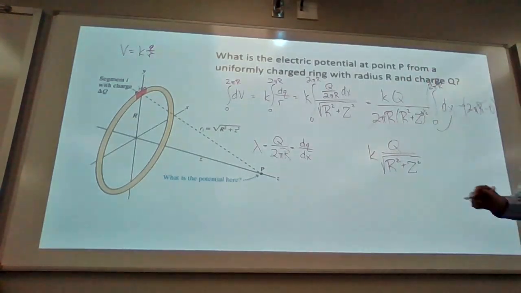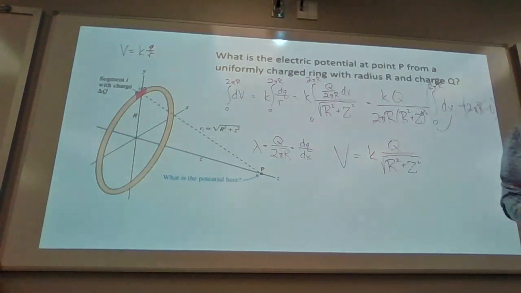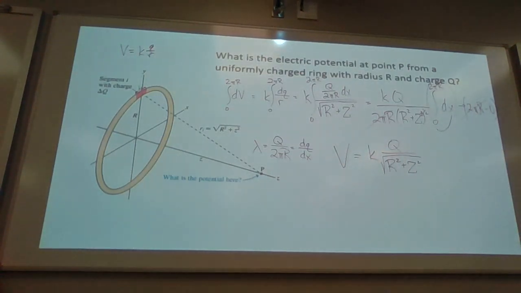This works because it's not directional. Correct, it works because it's a scalar and not a vector. I'm assuming this gets wacky if you move it anywhere on the x or y. Yeah. But this, folks, understanding that is really good. You can memorize that for a uniformly charged ring, or you can just rederive it.